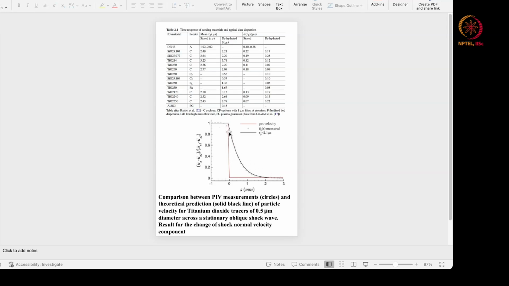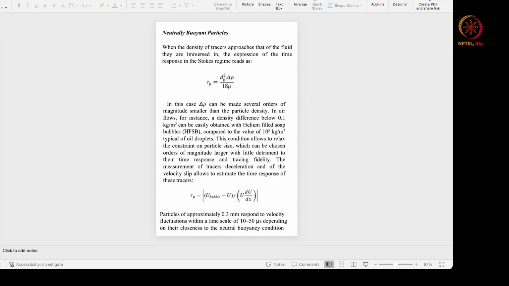So you can see that there is a certain time, or a certain distance, that it takes. Okay, so this is the result between the PIV measurements and theoretical predictions. The result is for a change in shock velocities, the normal component of the shock velocities. And these are the different response times that you can see over there.